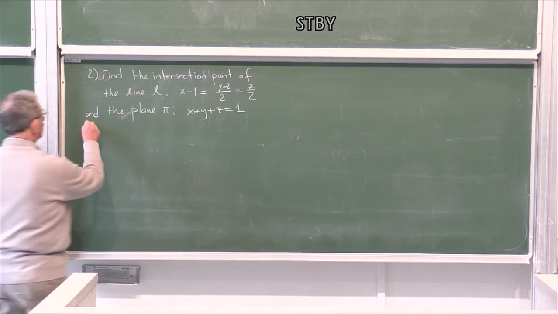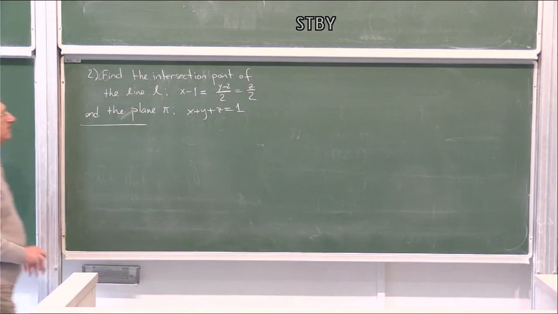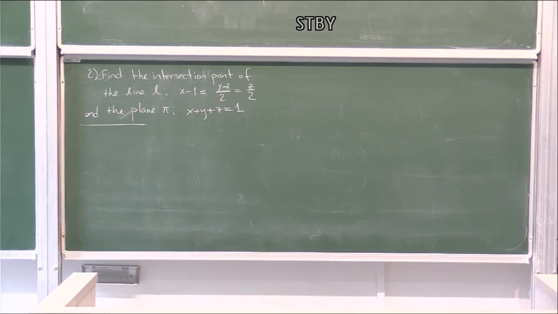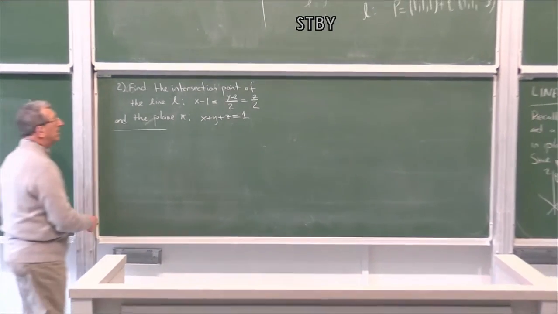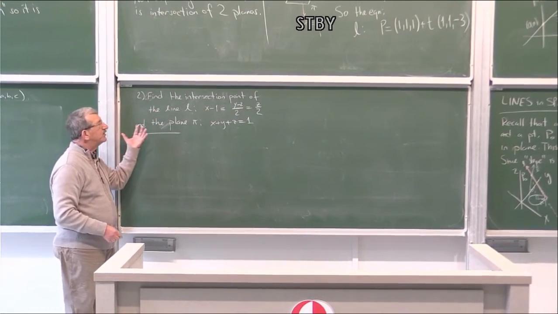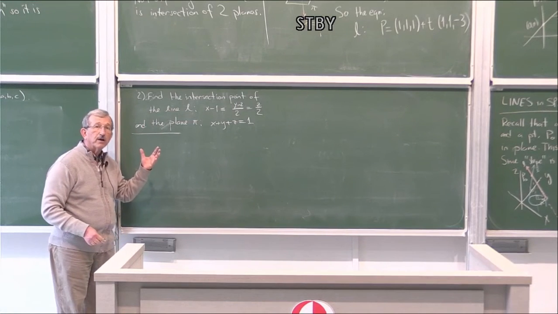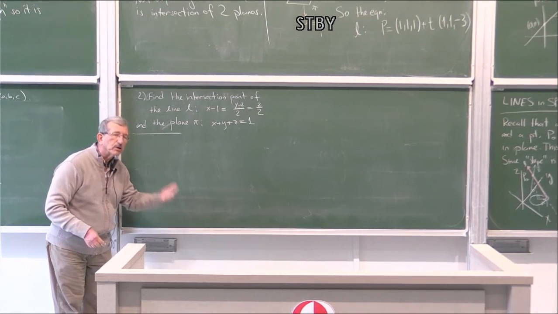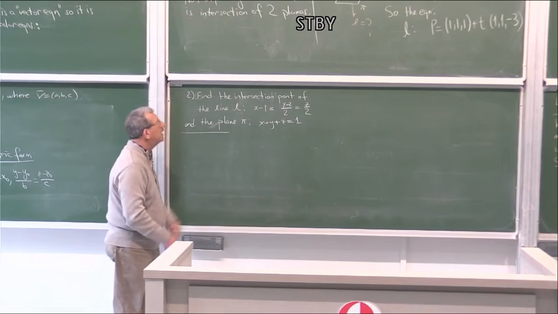Now, looking at it from afar, we want to find the intersection point, which means we have to find three things, three coordinates of this point.